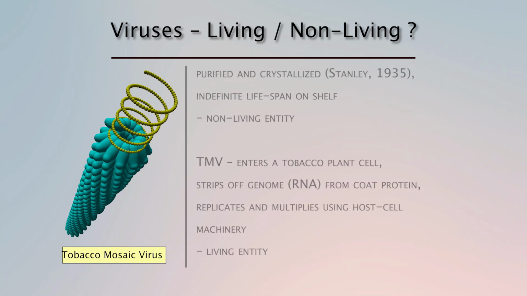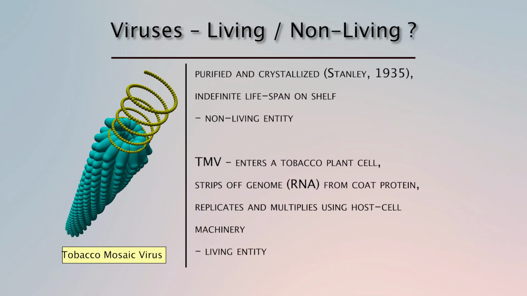For example, TMV in the purified and crystalline form can behave as a non-living entity, and when it infects a tobacco plant, it behaves as a living entity. So viruses are finally termed as an intermediate between living and non-living.